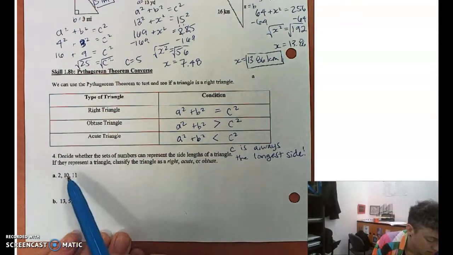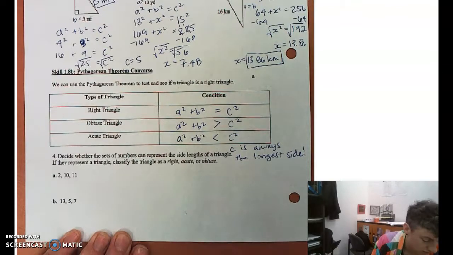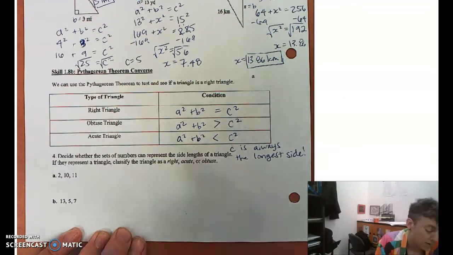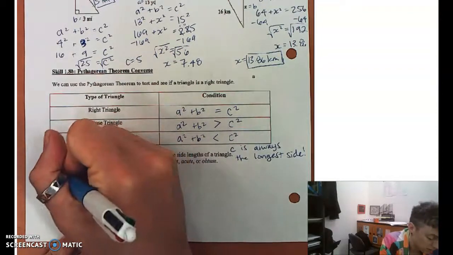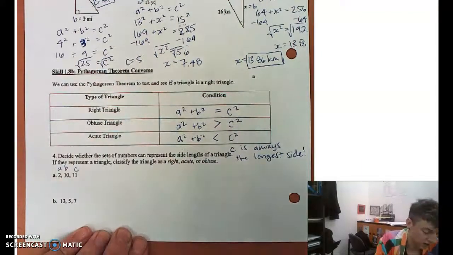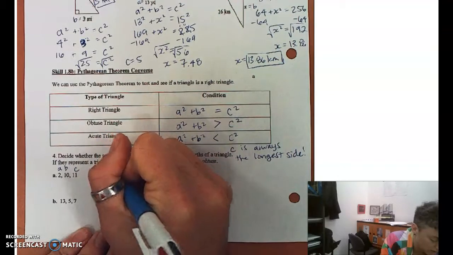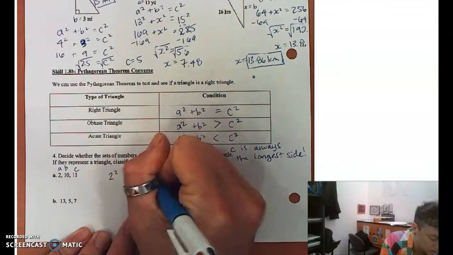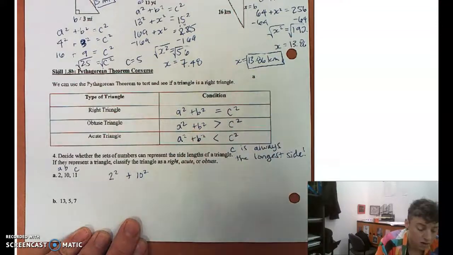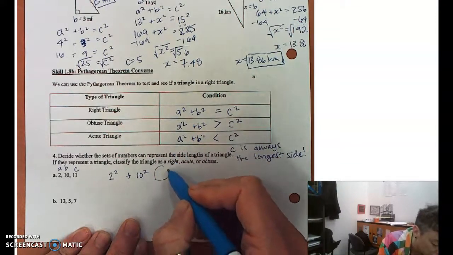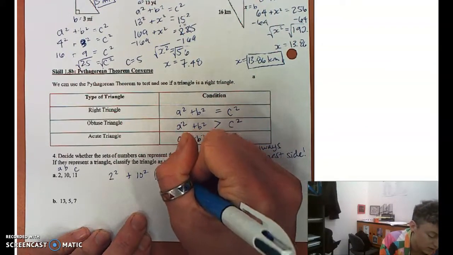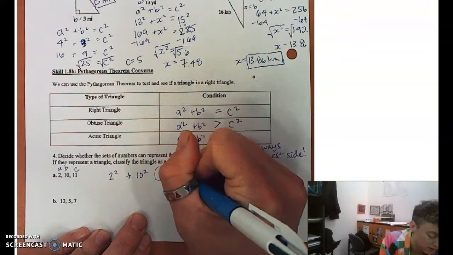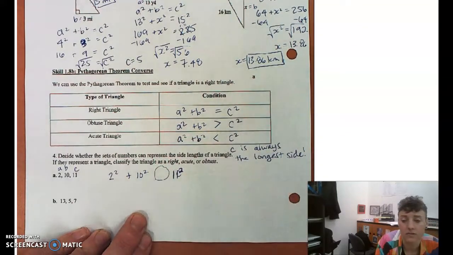We've got 2 and 10 and 11. Which one is going to be c? 11. It does not matter what is a and b. Let's check and see what happens. 2 squared plus 10 squared. We're going to figure out what sign goes here. Is it equals, less than, or greater than? c squared is 11 squared.